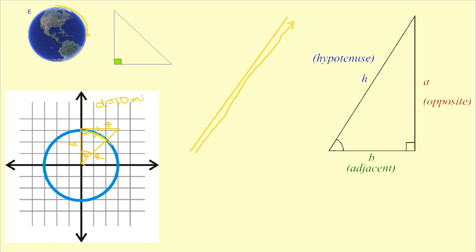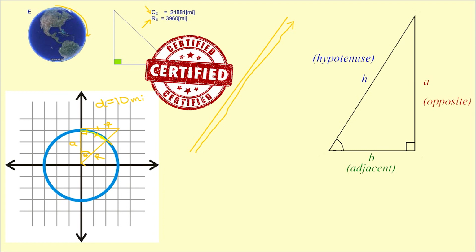Ooh, let's get some numbers on the board here. Circumference of the Earth, 24,881 miles. Radius of the Earth, 3,960 miles. We got numbers. They are proven scientific fact.